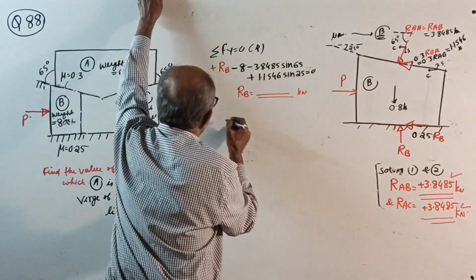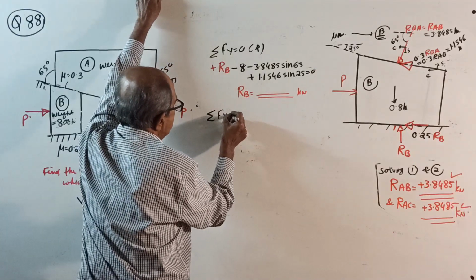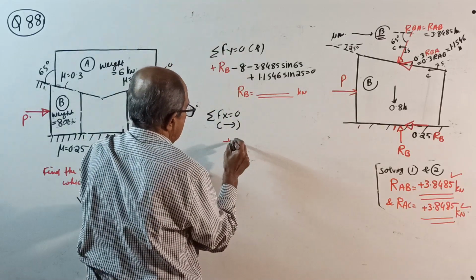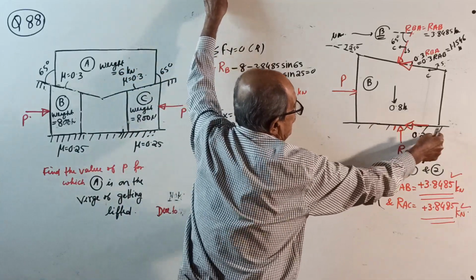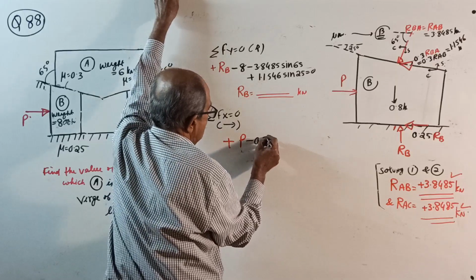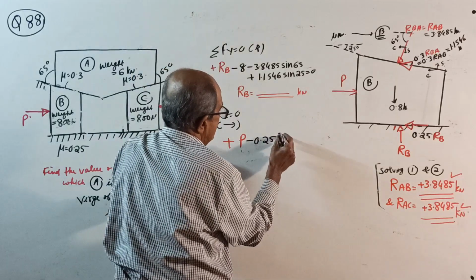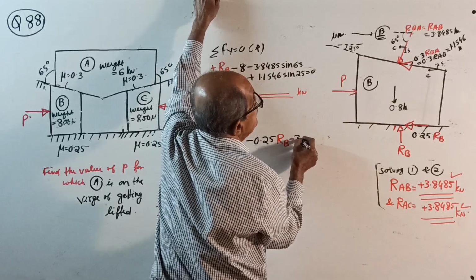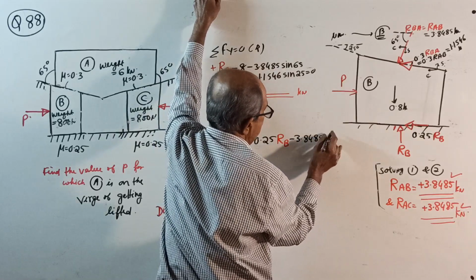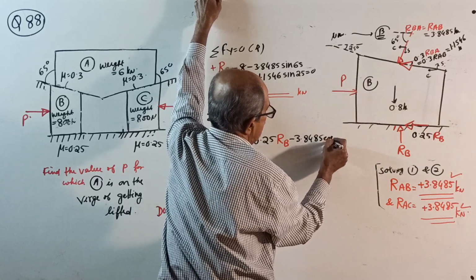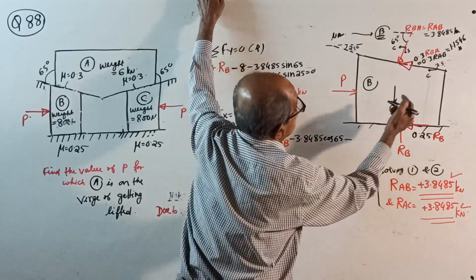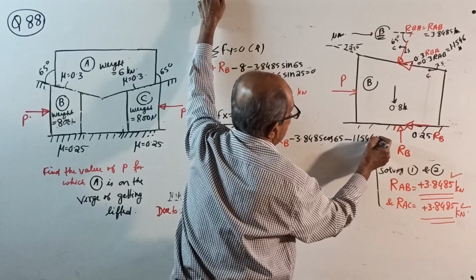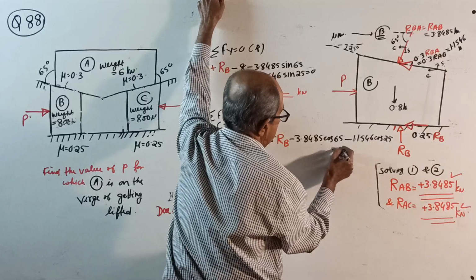Then sigma Fx = 0, take right side positive. You write plus P, minus 0.25 RB, minus 3.8485 times cos 65, again minus 1.1546 cos 25 equal to 0.